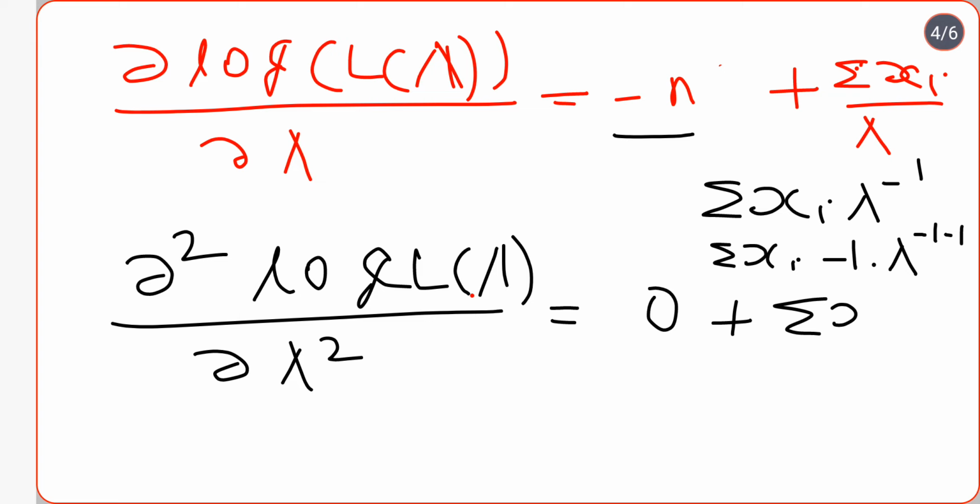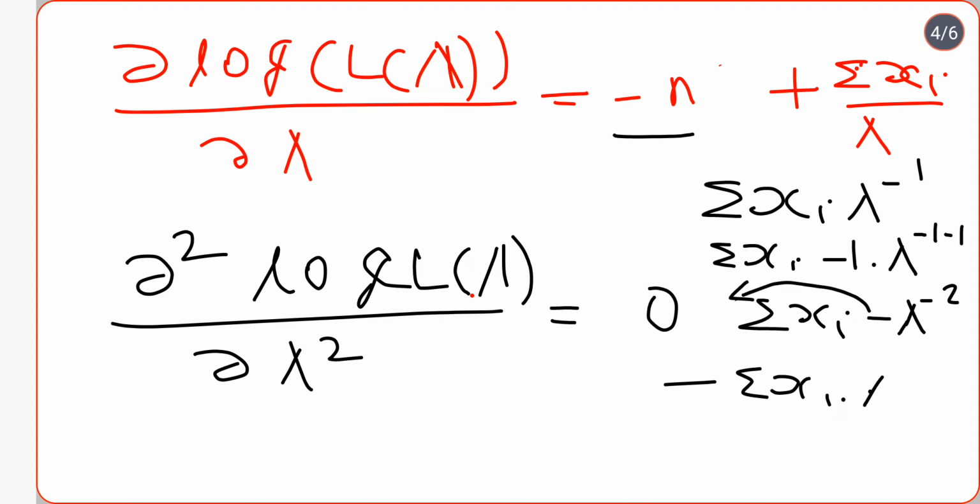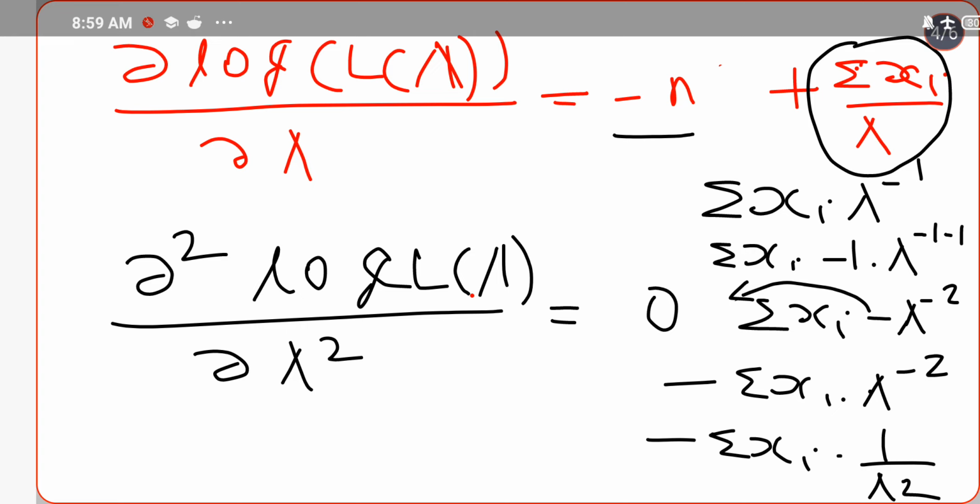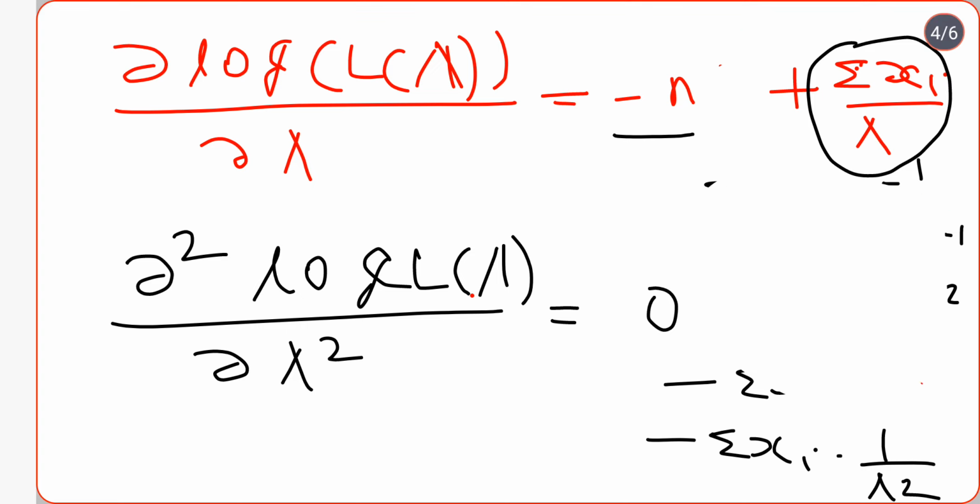So now we have nothing but summation xi minus lambda to the power minus 2. So if I take this minus here, that will be minus summation xi lambda to the power minus 2. Now lambda to the power minus 2 can be written as 1 by lambda square, right? So this is the term that we are getting when we are doing the derivative of summation xi by lambda with respect to lambda. Okay, so I have shown the calculation here.